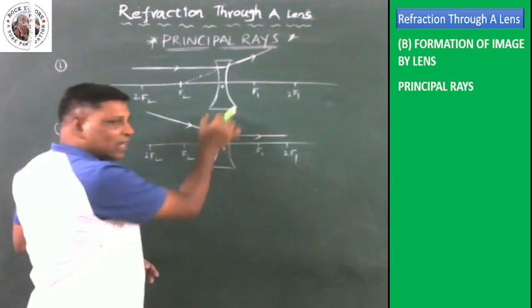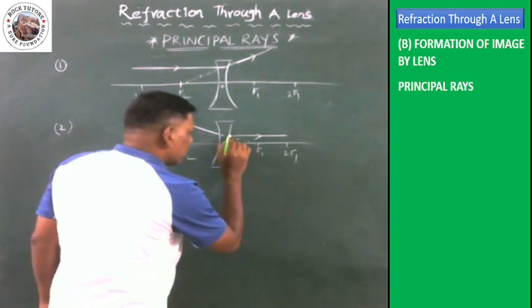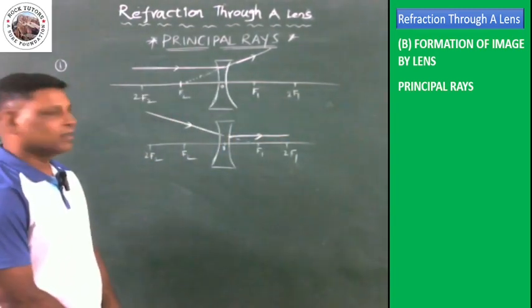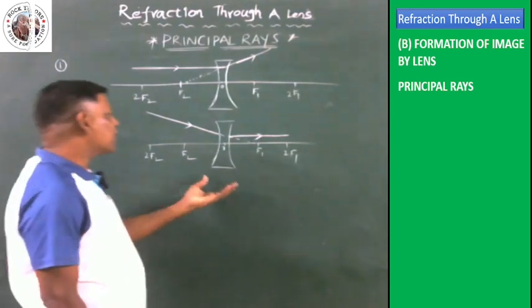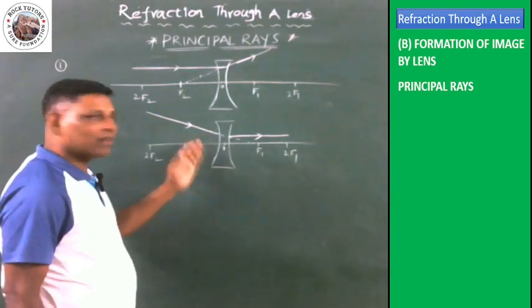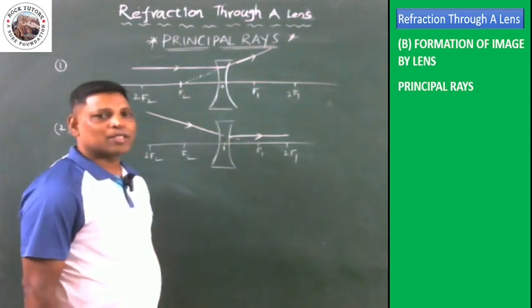Because of this lens, the ray is refracted and is parallel to principal axis. This is the behavior of the ray when it falls on the concave lens.